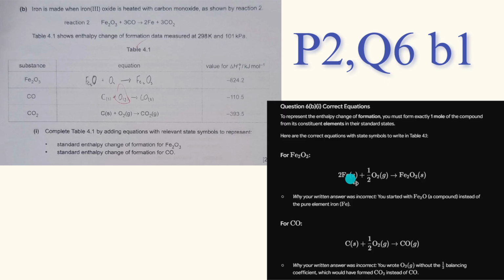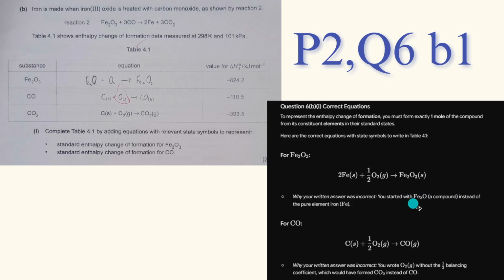So all you need is just to draw the equation like this. To represent the enthalpy change of formation, you must form basically 1 mole of the compound from its constituent elements in their standard states. Here is the correct equation with state symbols to write in table 4.1. Why was your answer incorrect? This is a fatal one.